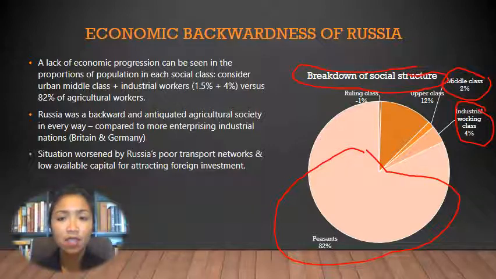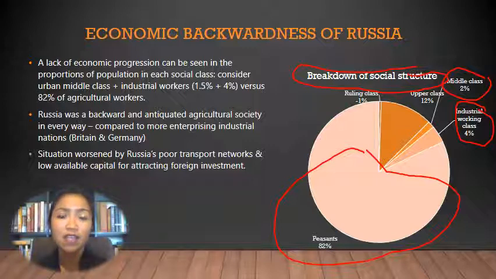Okay. So in every respect, really, Russia was a backward and outdated agricultural society when we compare it to Britain and Germany. Remember, Britain industrialized in 1750, a good 150 years before Russia, and Germany about 1870 when it unified and became a nation.